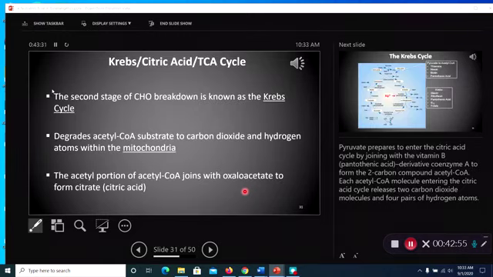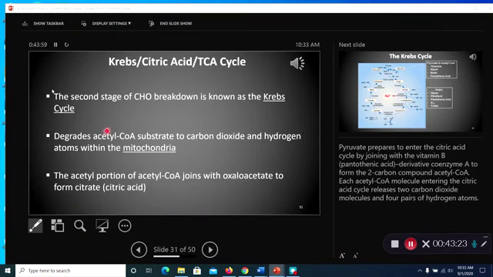Now we're on to the Krebs cycle, or the citric acid cycle, or the TCA cycle, whichever name you prefer. I tend to go with the Krebs cycle, so that's what I'll say from here on out. The second stage of carbohydrate breakdown is known as the Krebs cycle. Krebs cycle can use acetyl-CoA from fats and proteins too, but I guess here we're just kind of focusing on carbohydrate.